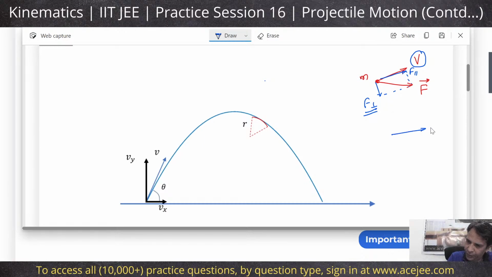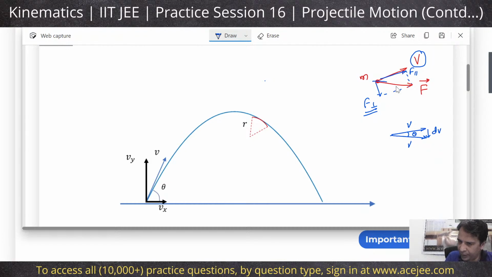If this is V, then F perpendicular will cause this, and this change is dV. Same logic, dV is V d theta, the same logic that we had in circular motion.